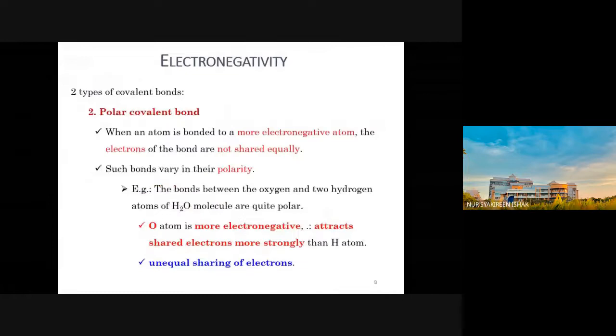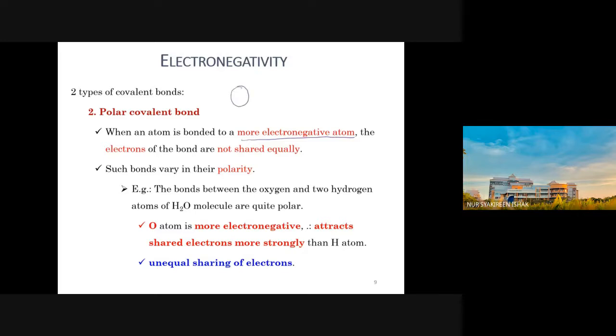The next type of covalent bond is polar covalent bond. A polar covalent bond is formed when an atom is bonded to a more electronegative atom. The electrons of the bond are not shared equally. For example, an example of a more electronegative atom is oxygen.